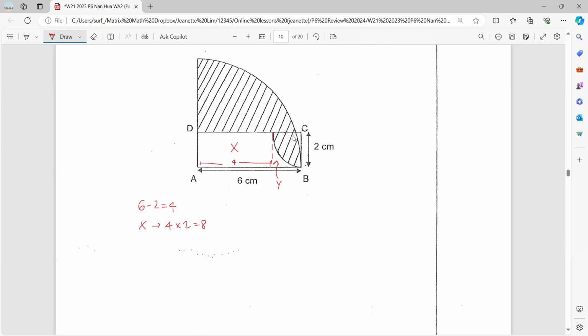So let's find the square. Okay, I'm finding Y. Let's find on this side. So 2 times 2 is the square. Then the quadrant. Okay, so small quadrant. 1/4 times pi. What is pi?